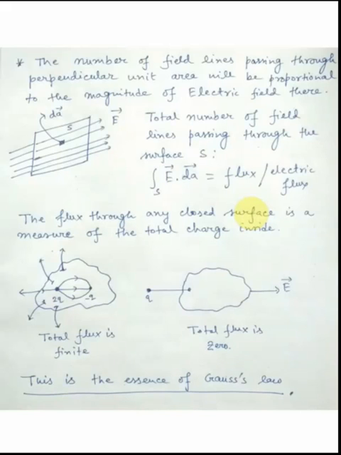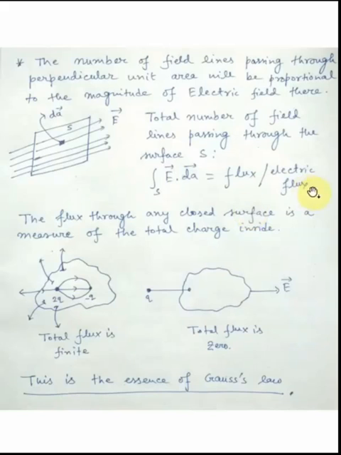Hence E dot dA is proportional to the number of lines passing through the infinitesimal area dA, and this dot product actually gives the component of dA along the direction of E, right? So it is only the area in the plane perpendicular to the electric field that we have in mind when we say that the density of field lines is the number per unit area.